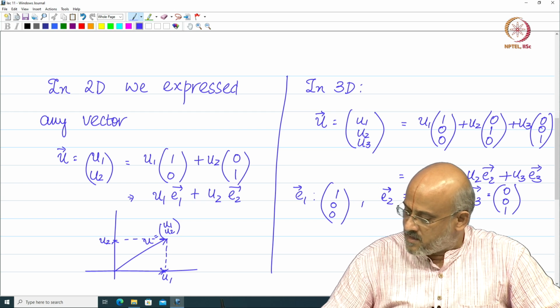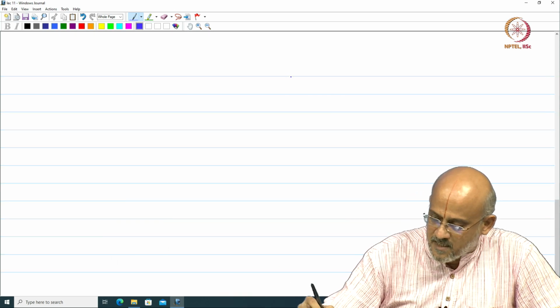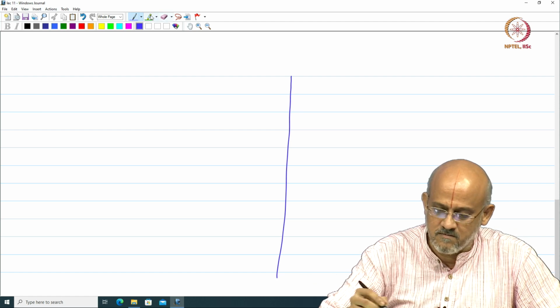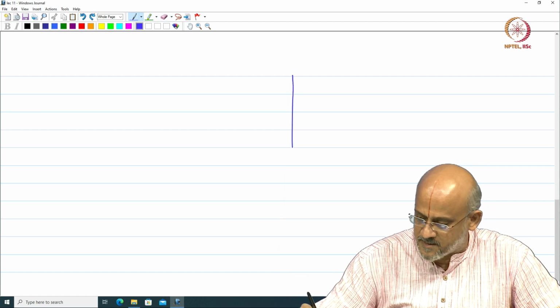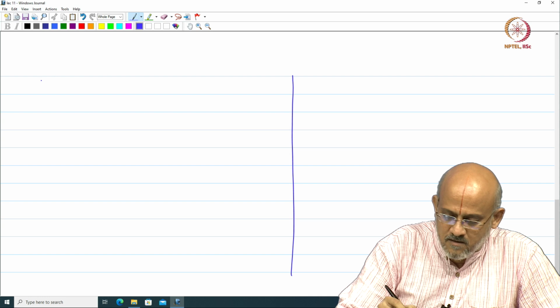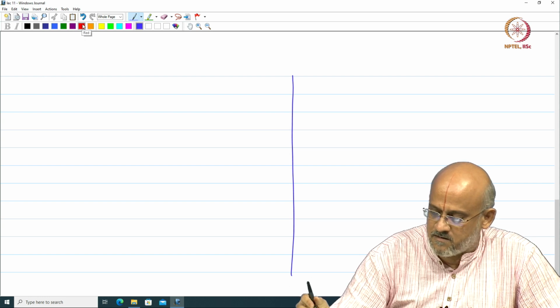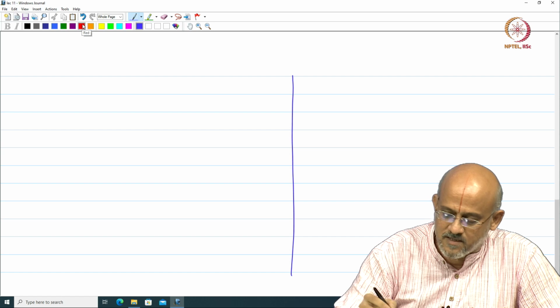Now it is interesting to note that in case of 2D, I am just ensuring that the understanding is clear, so I am doing 2D and 3D side by side.